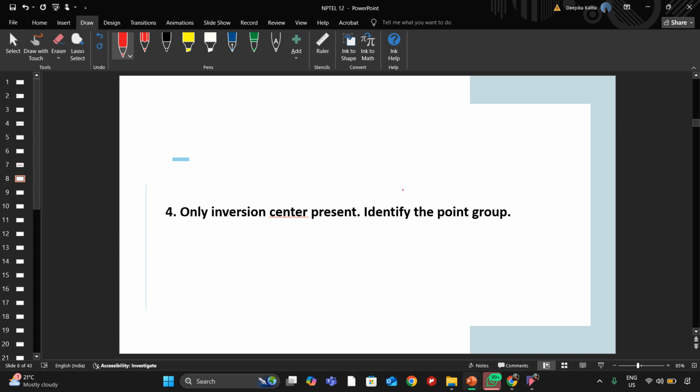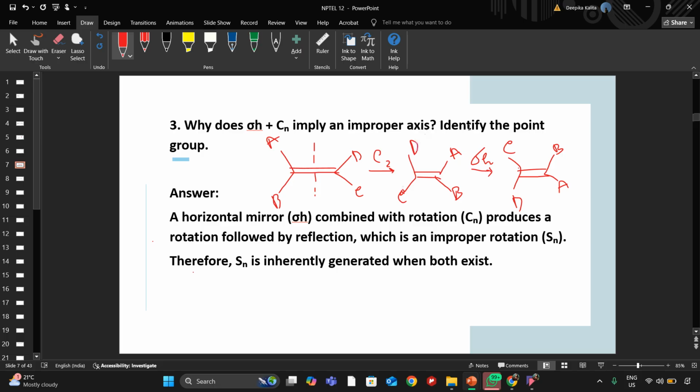And the same example we can take as reference in this question. We had talked about C2 and sigma h. These two operations in combination give us S2, and S2 is identical with the inversion symmetry operation.